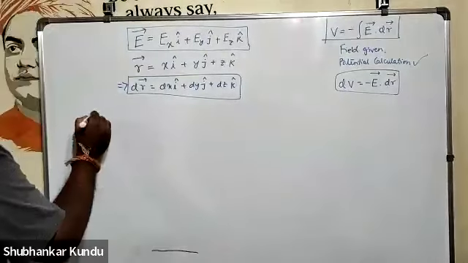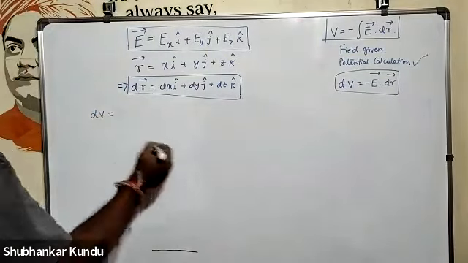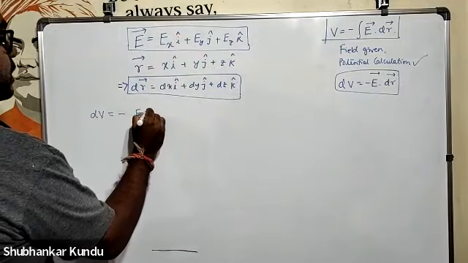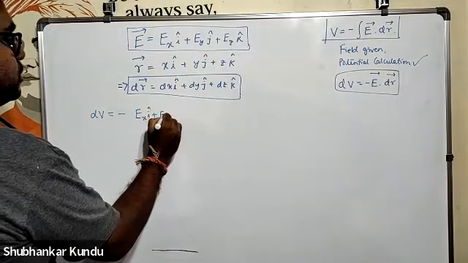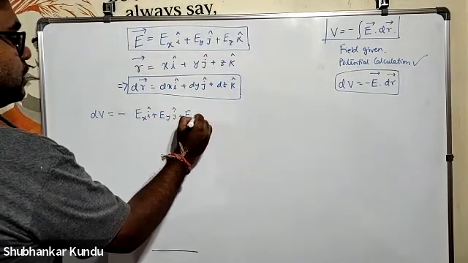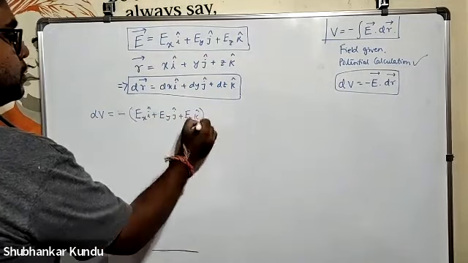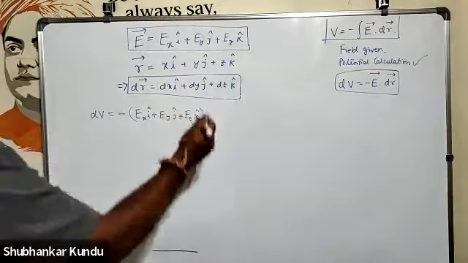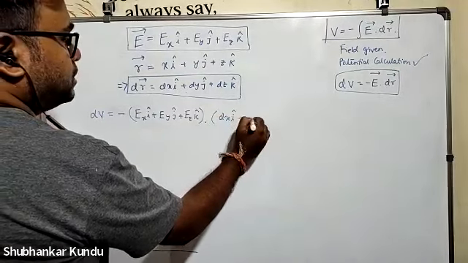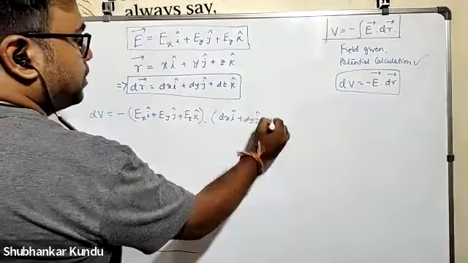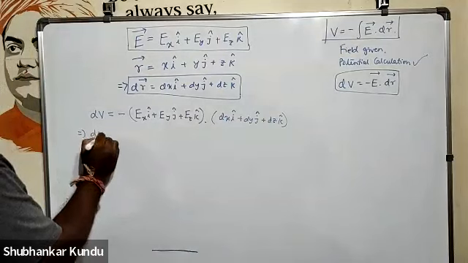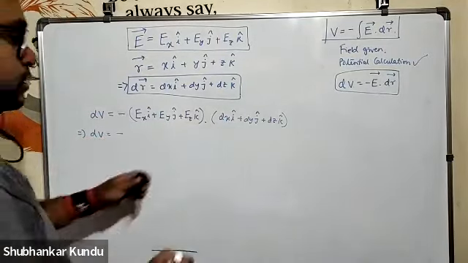So for dV, can we write dV is equal to minus (Ex i cap plus Ey j cap plus Ez k cap) dot the dr vector, which is this one, dx i cap plus dy j cap plus dz k cap. It is a dot product.